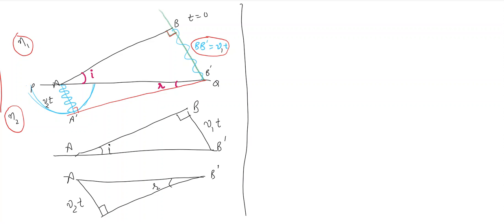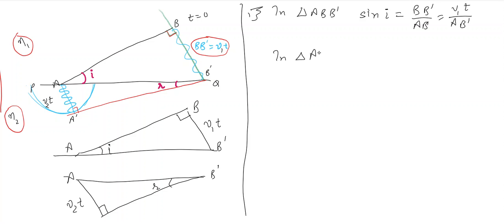In triangle A B B prime, if I take sine of I, what is sine of I? It is opposite by hypotenuse. So it is BB prime upon AB prime, that is V1t by AB prime. Similarly, in the other triangle A A prime B prime, if I check sine of R, what is the opposite side of R?